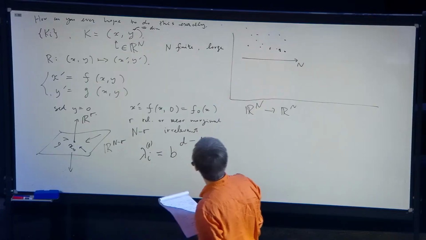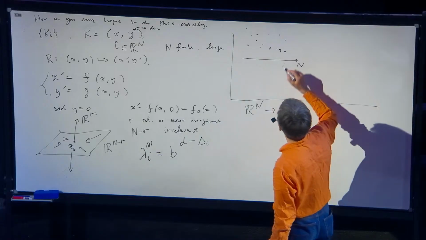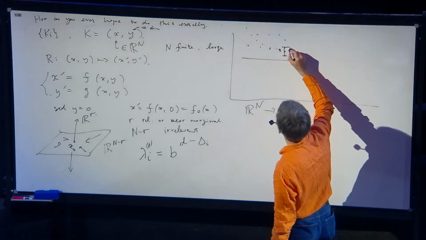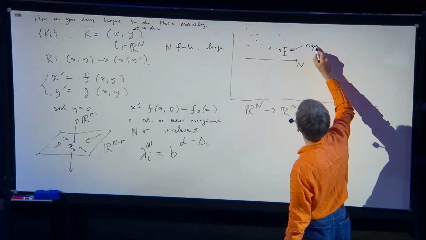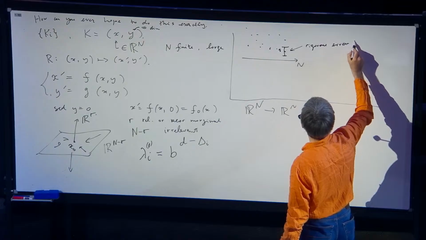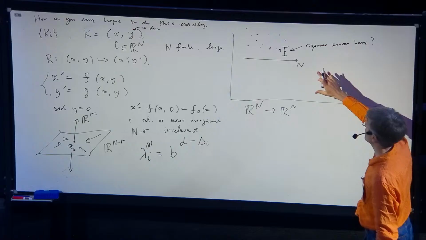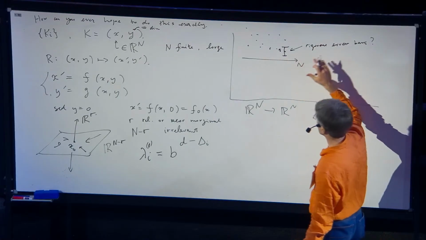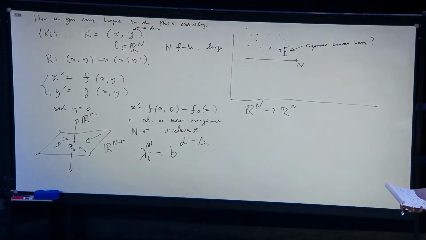Okay, so no, we want to do something better. We want really to assign to these points some rigorous error bars, working with finite n. So we want to somehow understand these rigorous error bars.